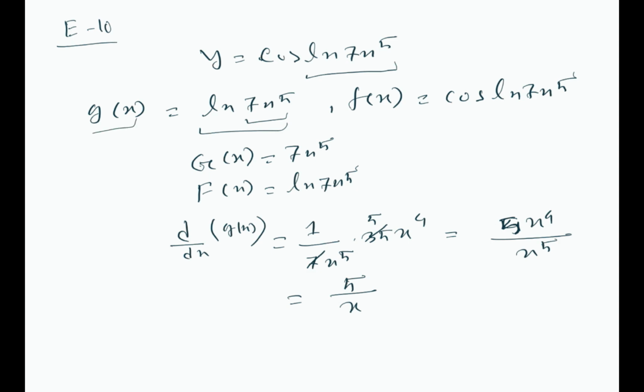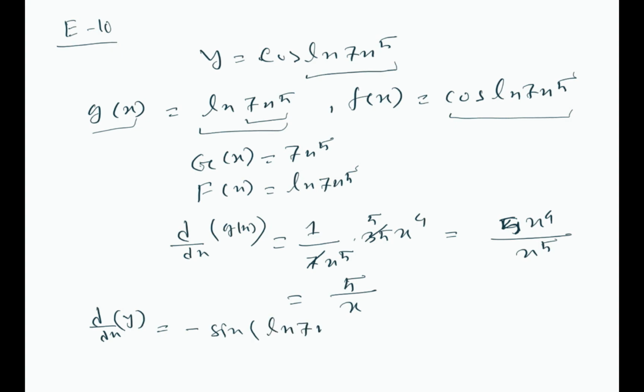Now we can take the derivative of y. So d/dx of y is equal to, first we take the derivative of the outer function, right? The derivative of cos of x is minus sine of x. So minus sine of, in place of x, ln of 7x to the power 5.